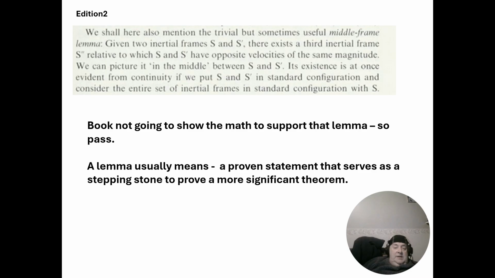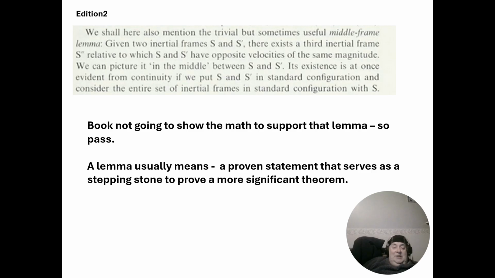Its existence is at once evident from continuity if we put S and S prime in standard configuration and consider the entire set of inertial frames in standard configuration with S. And so the book's not going to show the math to support that lemma, and so I'm going to pass.